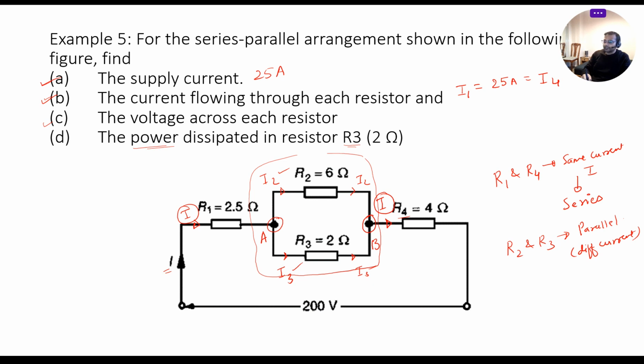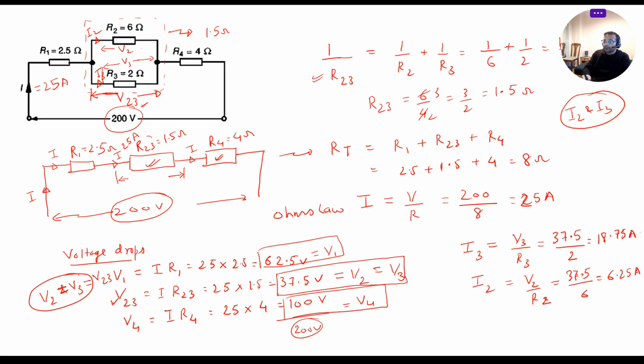Now in the last part, we have to calculate the power dissipated across R3, this 2 ohm resistor. So let me first calculate the power across R2. Power across R2 is the voltage drop across R2, V2, multiplied by the current. In the previous video, we have seen this formula.